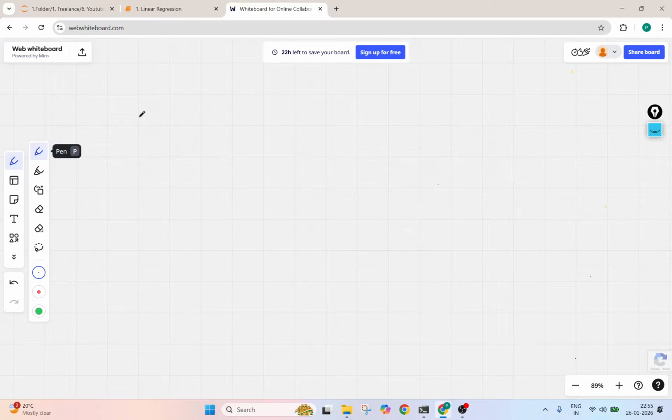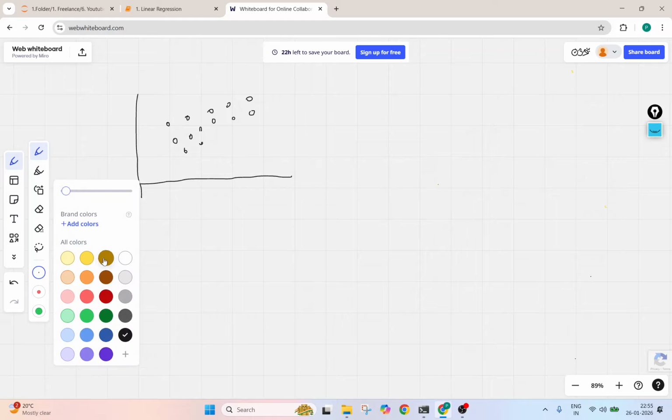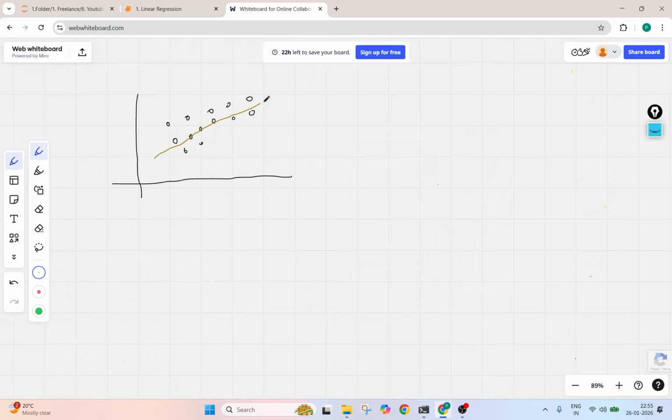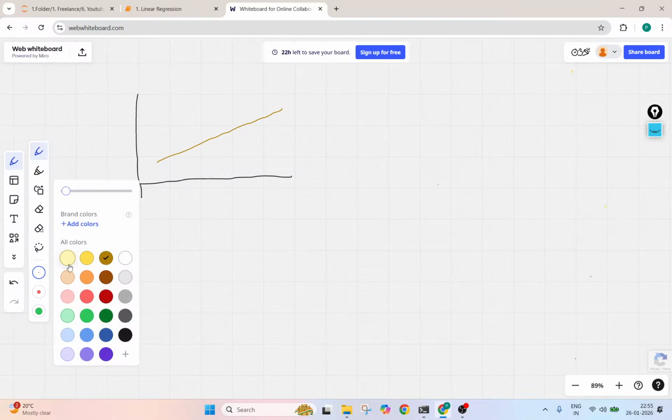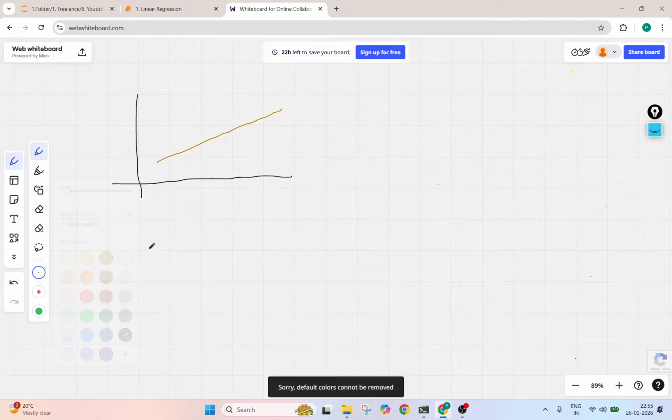Now, one thing we have seen over here is, let's say these are my data points, and let's say this is my best fit line. And the different points that are present are something like this.